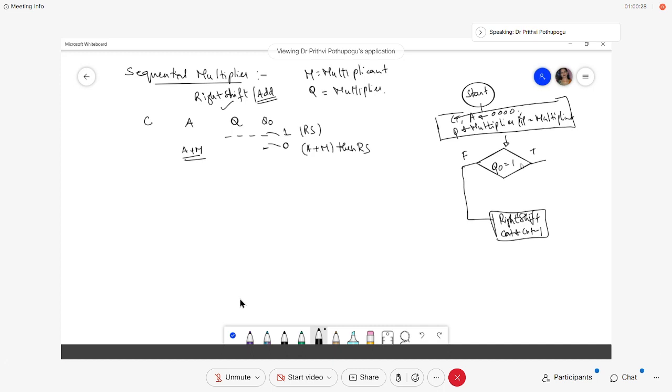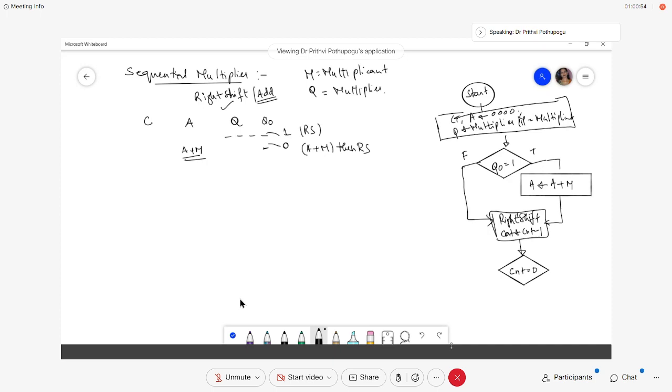These are the only iterations we are performing. After decrementing the count, see whether the count is 0 or not. If it is not 0, check the Q0 value once again. If the count is 0, then stop. That's it.